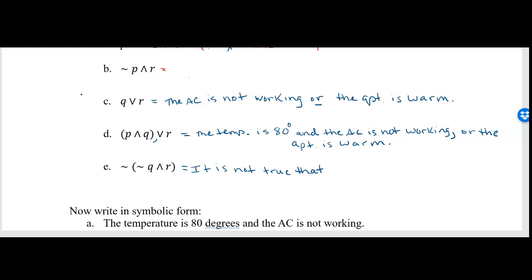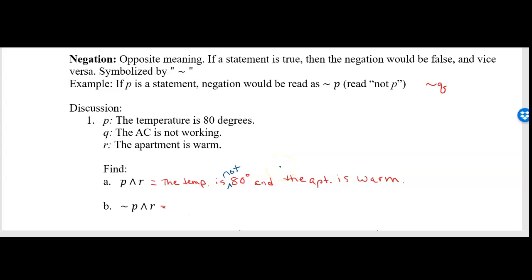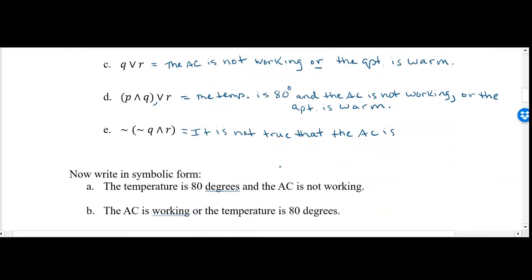And then we're going to do Q, which was the AC is, and in this case, notice what Q was. The AC is not working. Okay, well, I want not Q. That means the AC is working. Remember, we make it the opposite. And R, which is the apartment is warm.